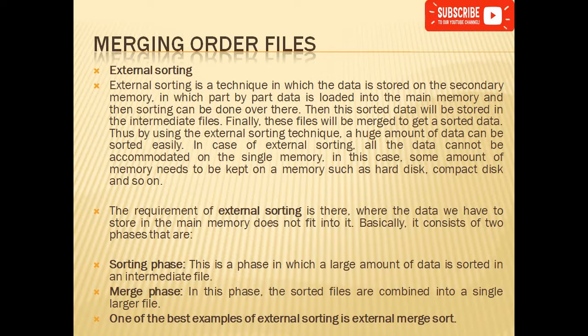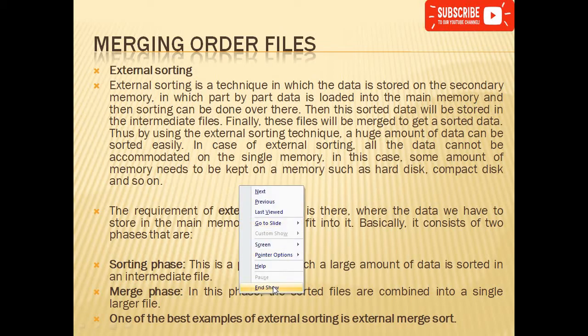The requirement for external sort is that the data we have to store does not fit into memory, and here external sorting has two phases. The first one is the sorting phase.